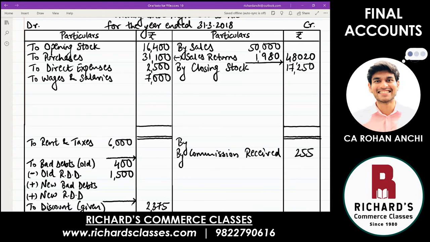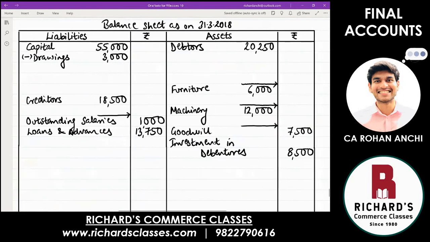It's in stock. Next year you are going to sell and receive money. So second effect is asset. Any item for which money you are going to receive in future is an asset. Closing stock, second effect, 17,250. Let's move further.